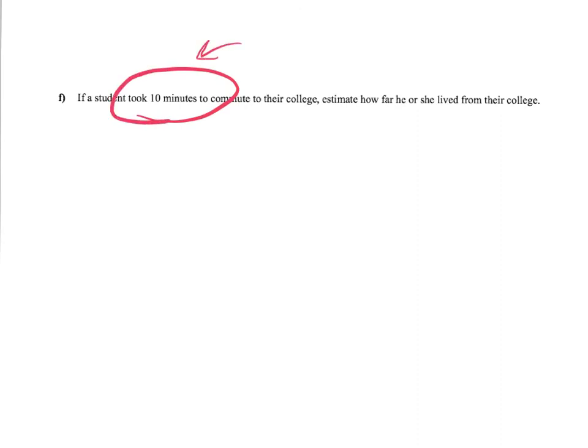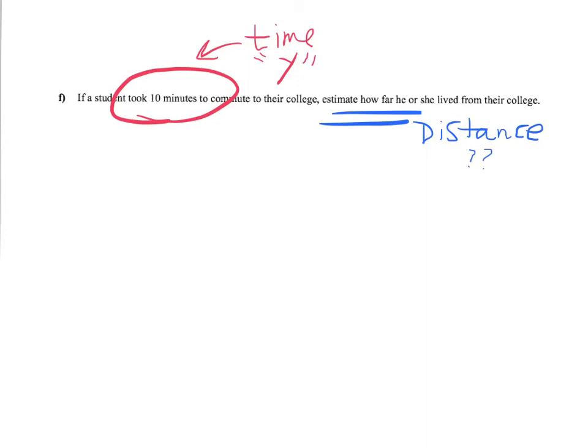Really think about this: are they giving you an x or a y value here? They're giving you time, and if you look back, time is your y variable. They are asking you to figure out how far, so you're looking for distance. This is the value you don't know. Distance is the unknown in this case.